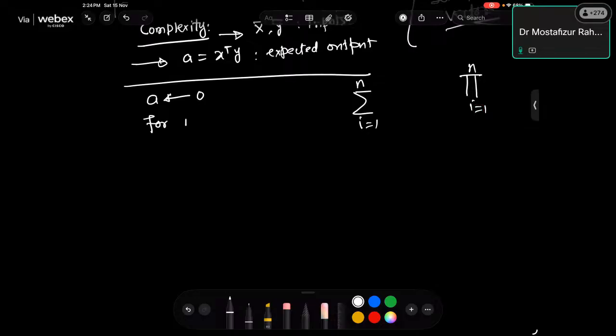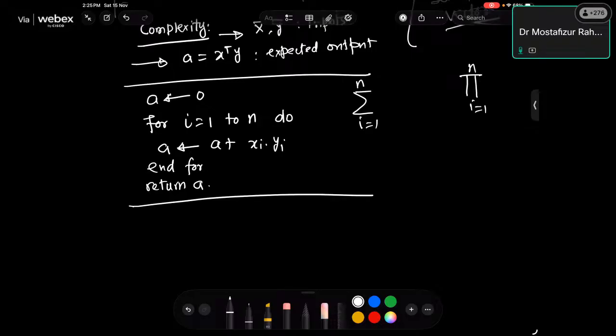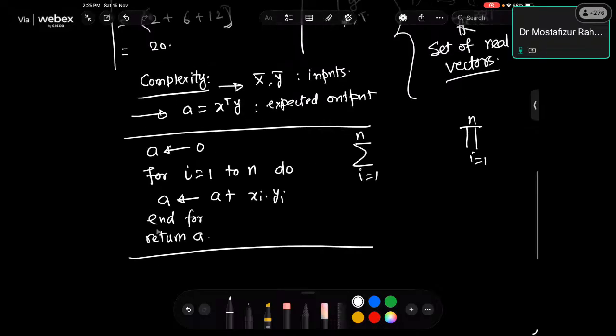For i equals 1 to n, we have to update this scalar as A equals A plus xi times yi. Then end the for loop, and return A. That's the pseudocode for this dot product. So this is the algorithm for doing the dot product.